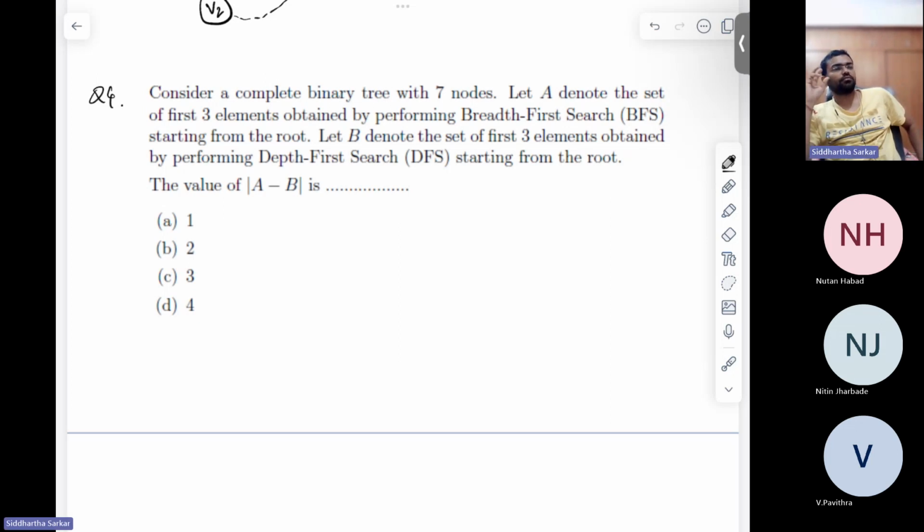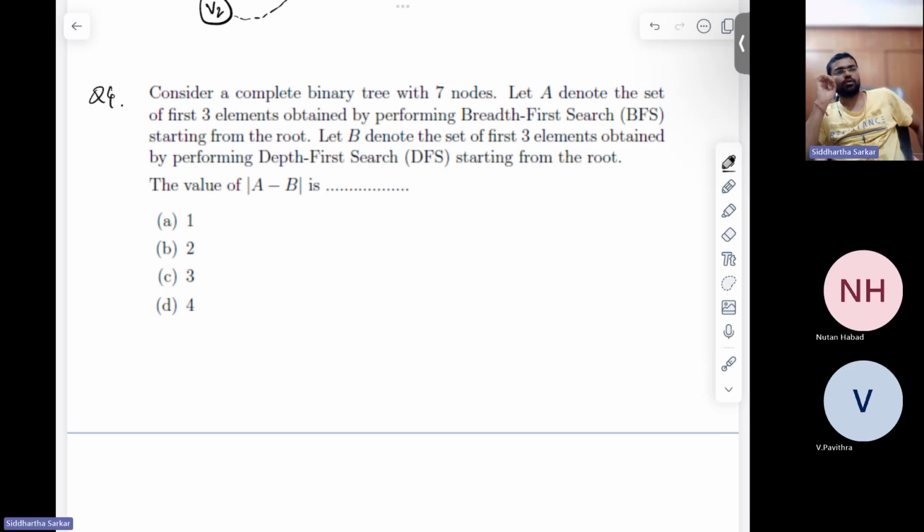B denotes the set of first 3 elements obtained by performing a DFS starting from the root. So we want to know what is the cardinality of the set A minus B. So this could be a unique number.